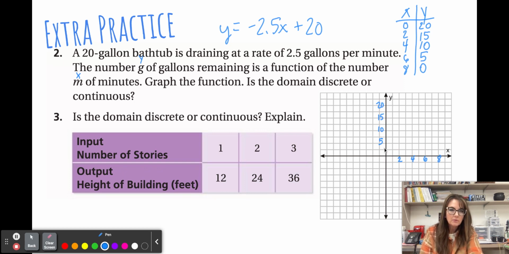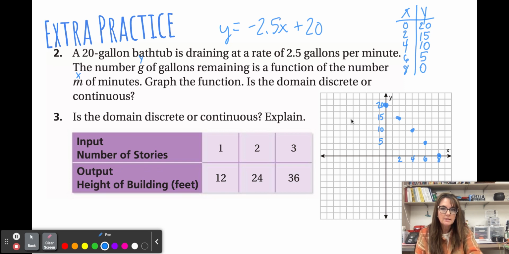Did I go up 2? 1, 2, 10, 15, 20. Oh, okay. All right, so I'm going to start here. And then we have 2 and 15. We have 4 and 10. We have 6 and 5. And then we have 8 and 0.